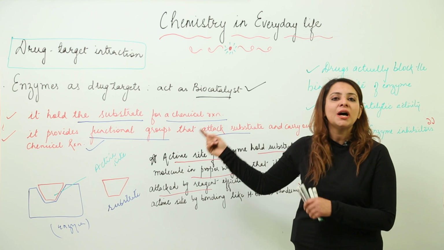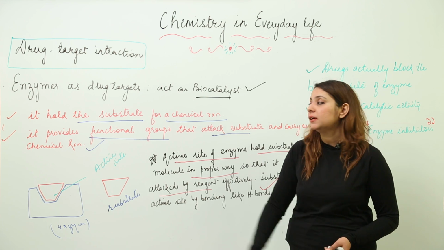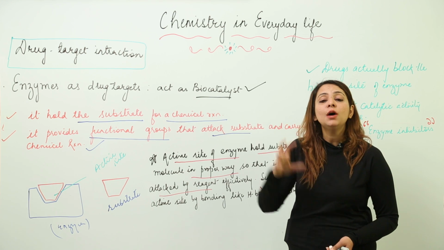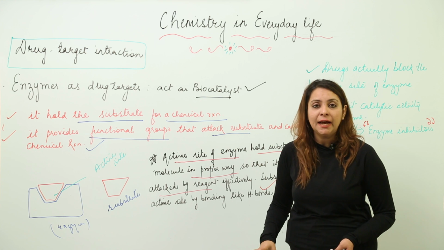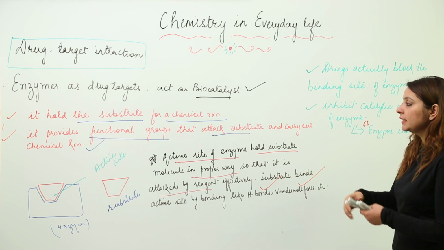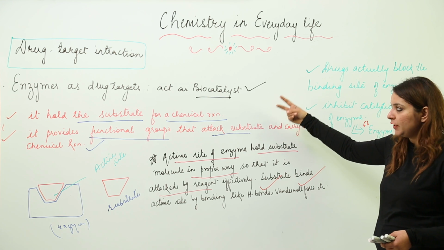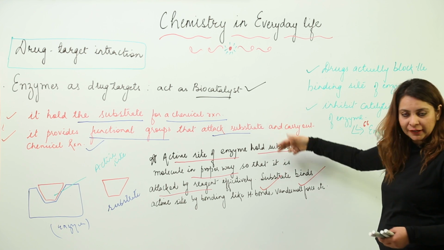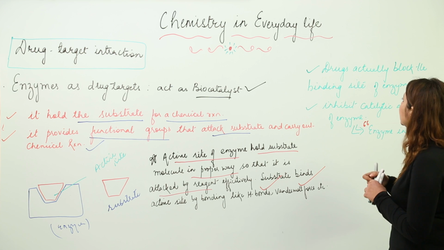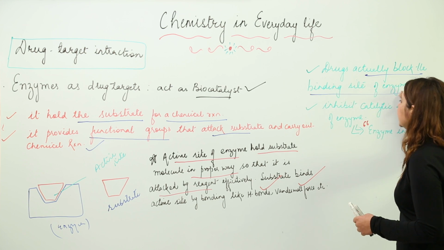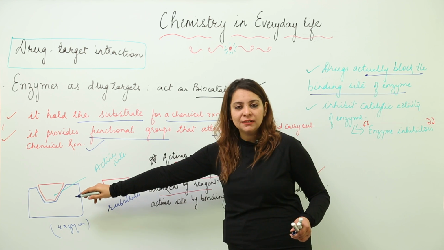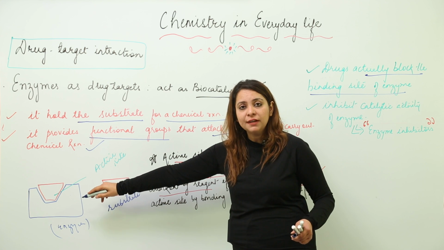Now coming to the drugs: how does the drug inhibit the action of the enzyme, or how does the drug target the enzyme? It can inhibit both of its functions. The drugs can block the binding site, that is, the active site where the substrate can fit.